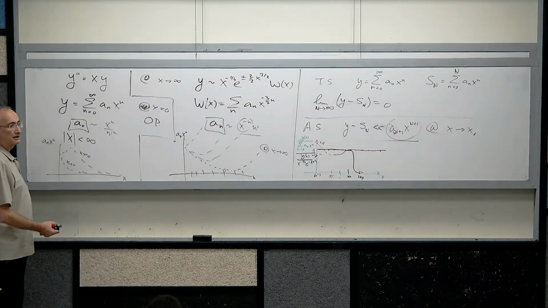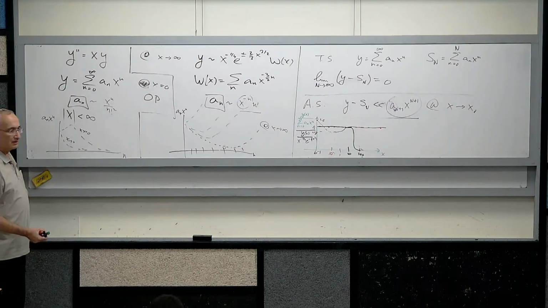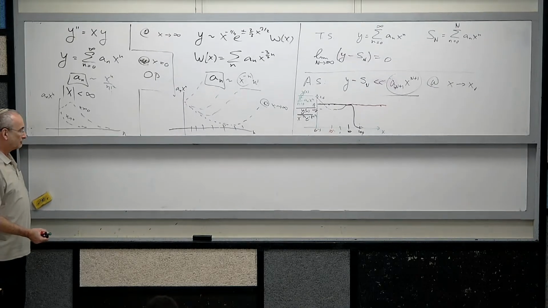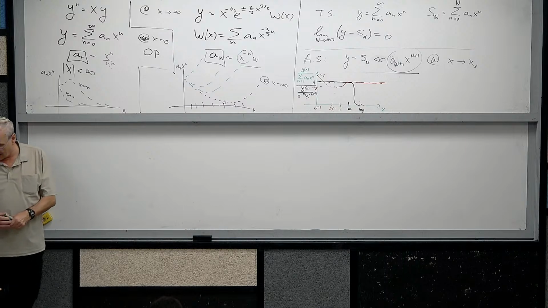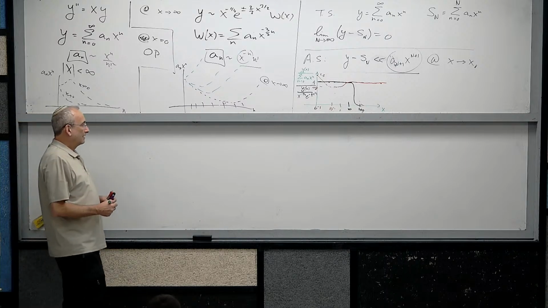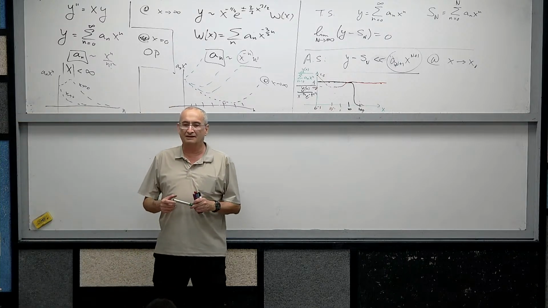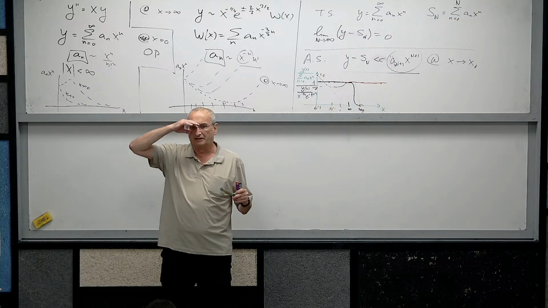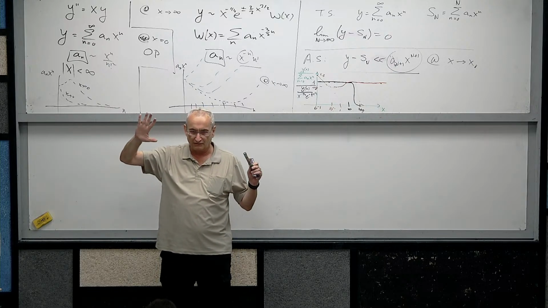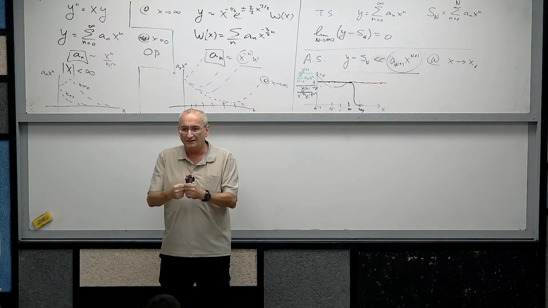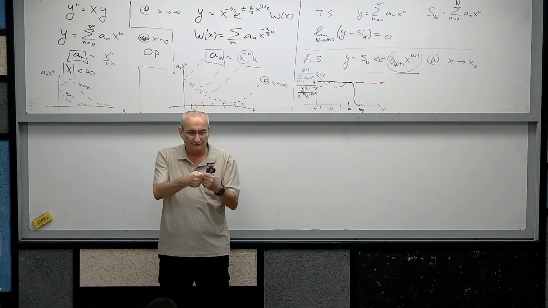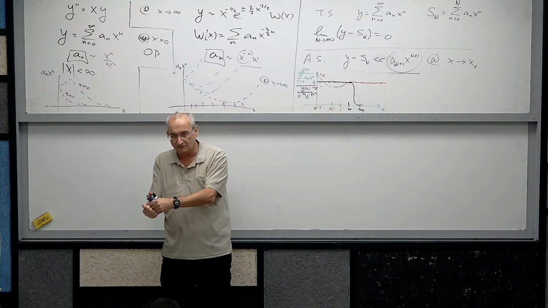Okay. Now, a few formal and quasi-formal statements about asymptotic series. Number one, a Taylor series is unique. Let's speak about Taylor series. What does it mean? We have a one-to-one correspondence between function and Taylor series.